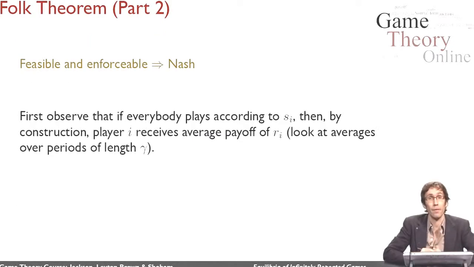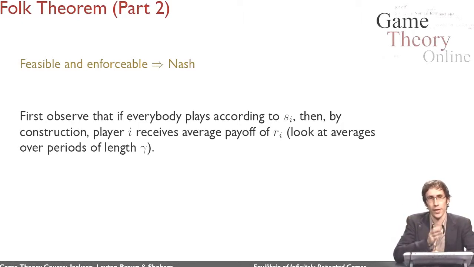OK, so I want to claim that this is a Nash equilibrium of the infinitely repeated game with average rewards. First, notice that if everyone plays according to this strategy, then everyone will get an average payoff of Ri, just as we want. You might be thrown off by the fact that sometimes they're not quite getting Ri because they're only midway through the sequence, but we're only interested in the limit.